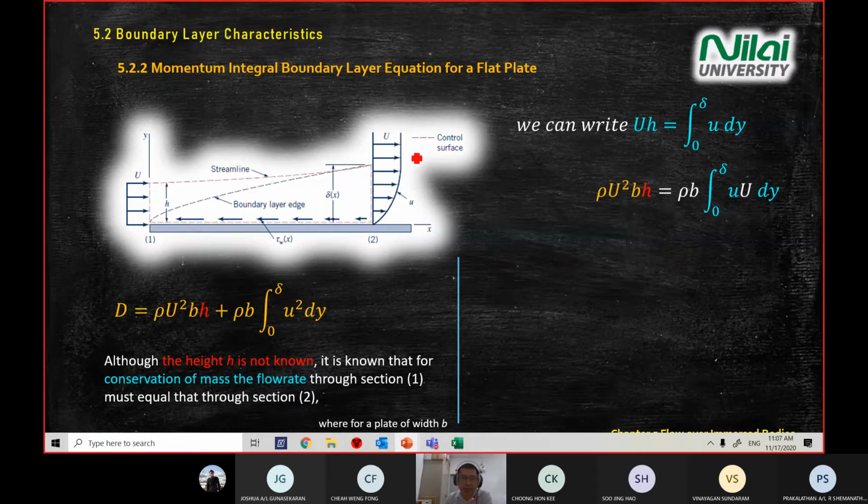This right hand side is the viscous effect, section 2 area. So we want to make this equation cover section 2. So we change the H, because H is unknown. We want to change it into an equivalent scenario.